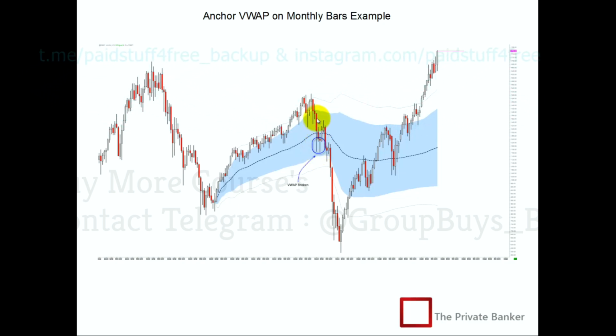But it does close above the VWAP, so you can almost say that was potentially a buying tail there. But in the next month, we do have a close well below our point of control, or our VWAP. So that confirms that move is really done, or the VWAP is broken there. So buyers are no longer really in control there. Either we're rotational or the trend has changed to the other way.